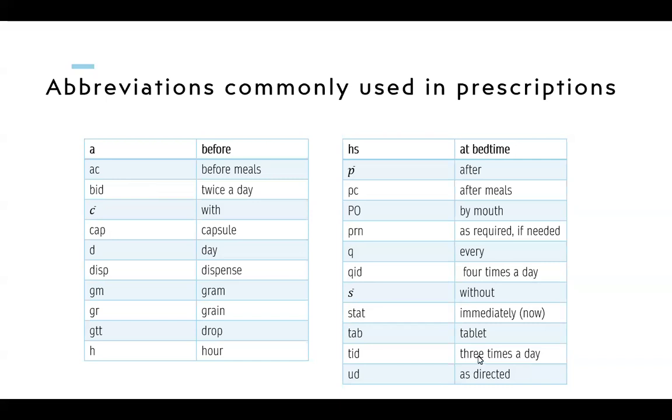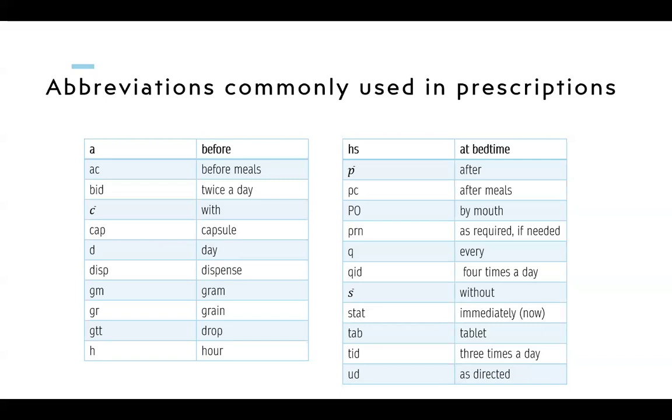There's also 3 times a day or twice a day. CAP for capsule, D for day. These are less likely that we'll be familiar with them, but GTT for a drop. So if it's a liquid, an hour, 2 hours prior to, so something might say 2H AC, so 2 hours before meals, something like that.